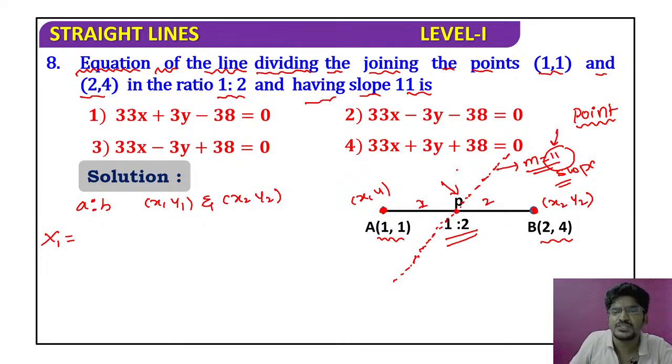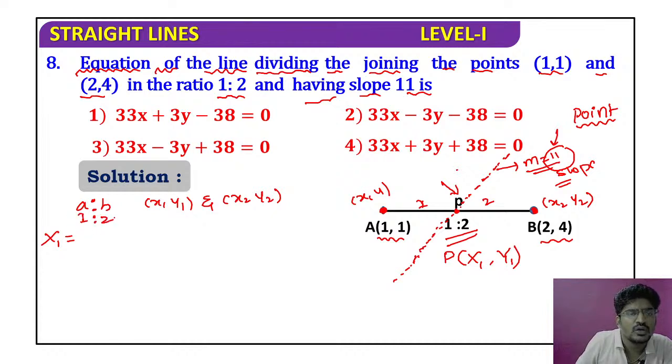By using the section formula, you see here, 1:2, x1 y1 is 1, 1, x2 y2 is 2, 4. So use your section formula and identify the point. What will be that point?